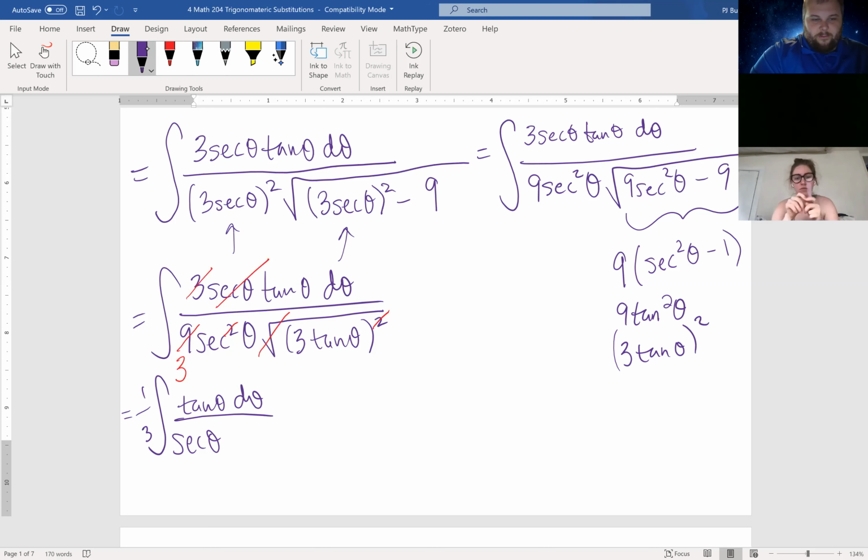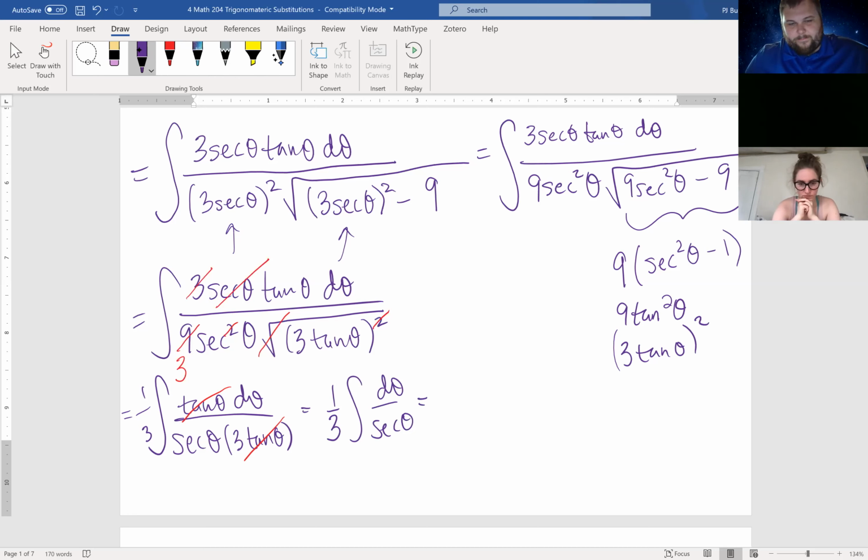And coming out of the radical is 3 tan theta. So again, tan thetas cancel. And I am left with 1/3 integral d theta over secant theta.